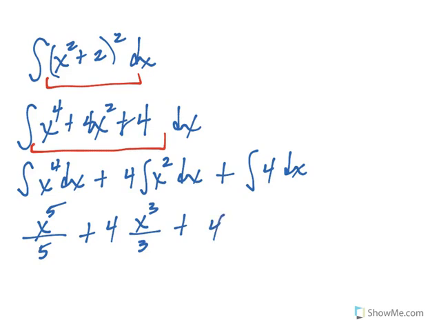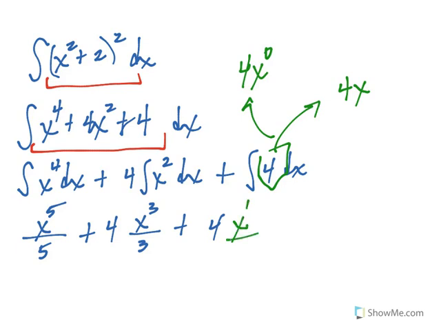Now, if you think about this function right here, that is the slope machine of this function right there. You can also think about it as being 4x to the 0 power. So power plus 1 over power plus 1, plus then the constant of integration. And then, of course, I want you to clean this up.